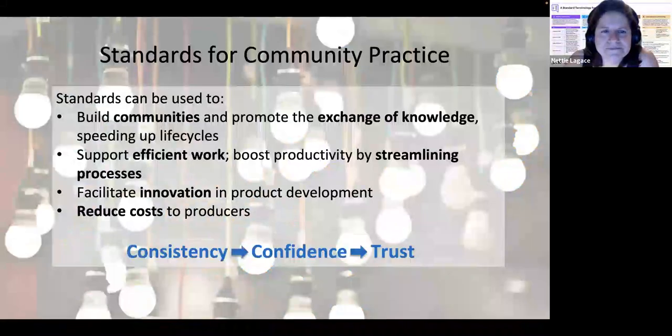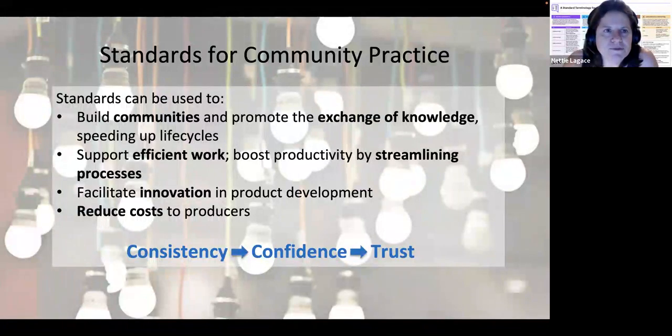Next slide. So what is a standard? A standard in its very essence is just an agreed upon way of doing something. And I think at a high level, standards are really effective at connecting, as I said, different types of organizations, promoting knowledge exchange, and therefore building communities. So you talk to each other, you find out about each other, and you create some connections and publish that.